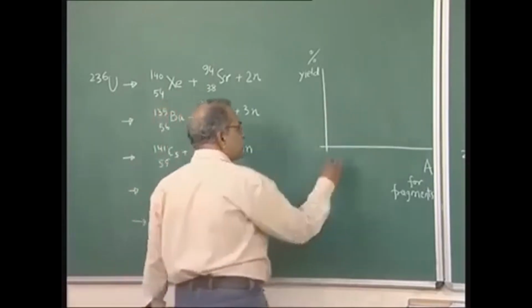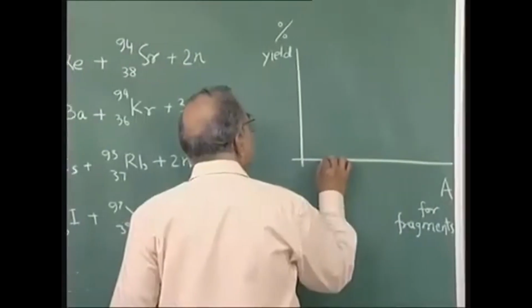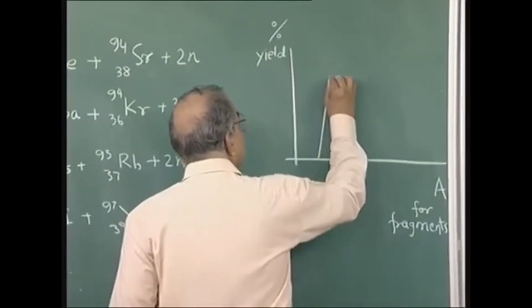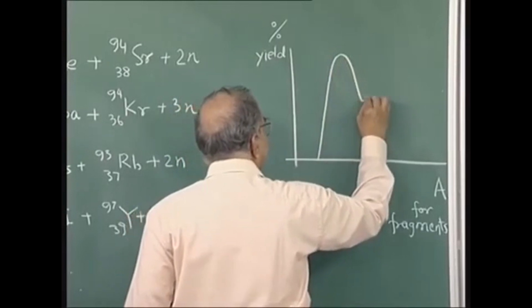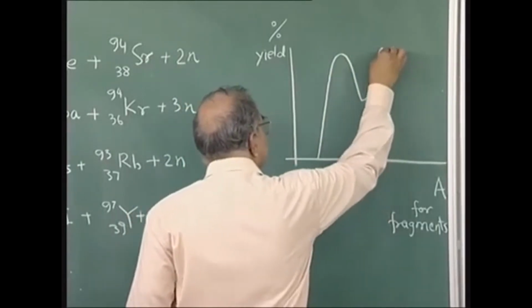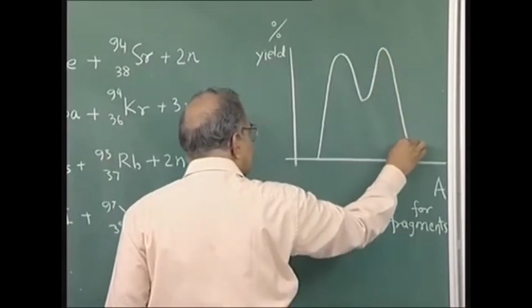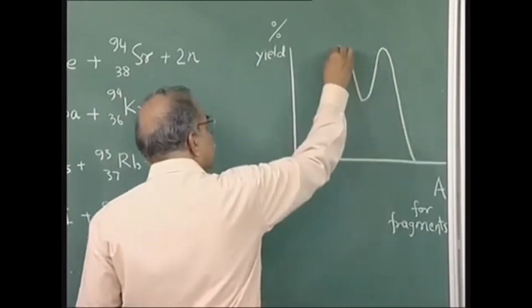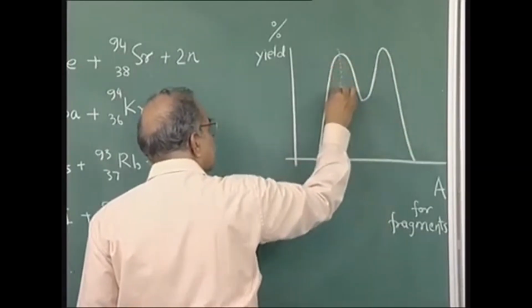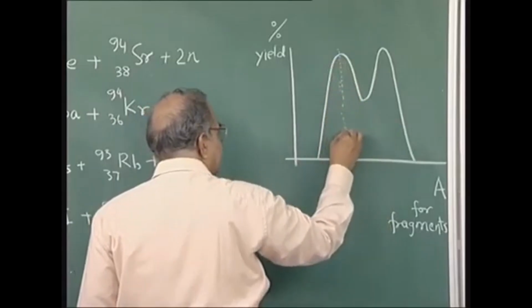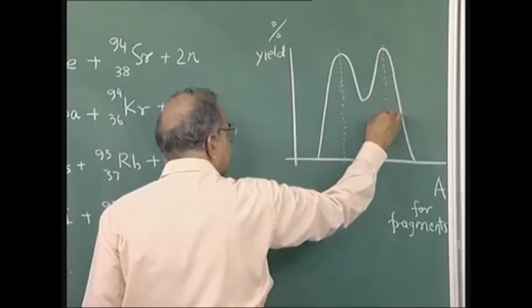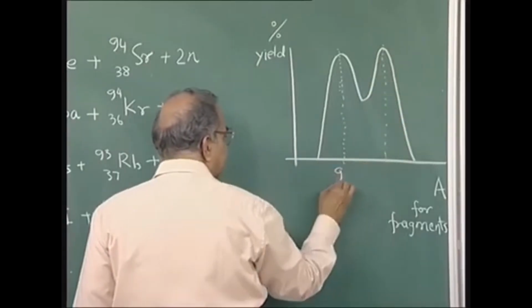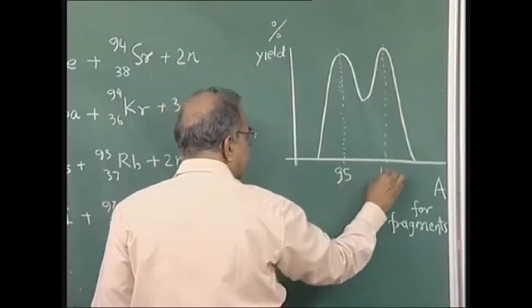And if you do that, it turns out to be something of this sort. And these two humps, these two maxima, are somewhere around 95 and 140.